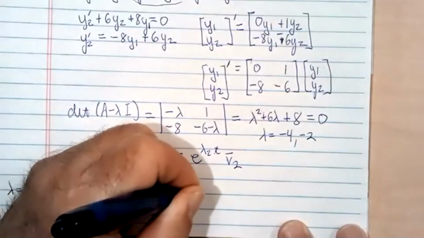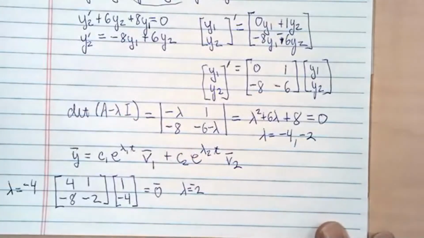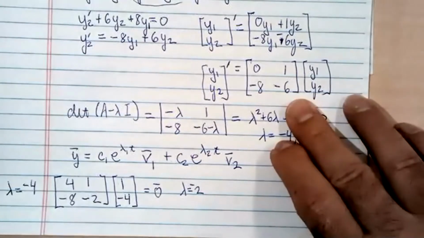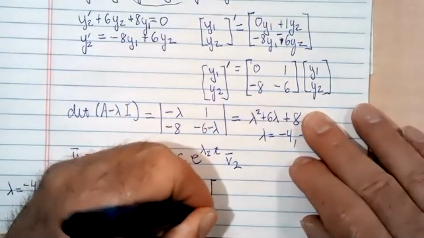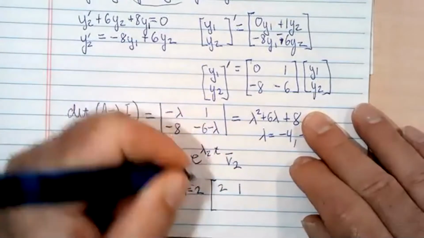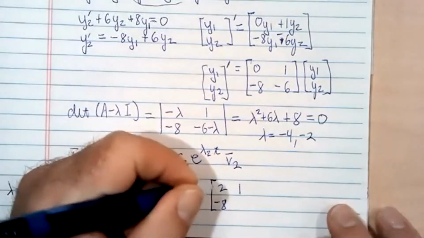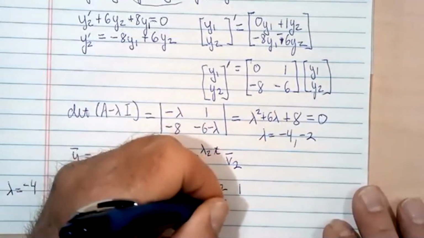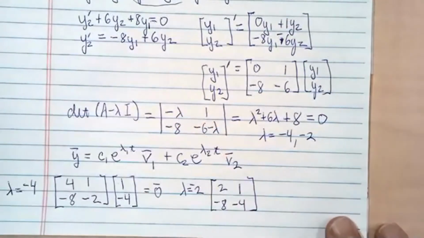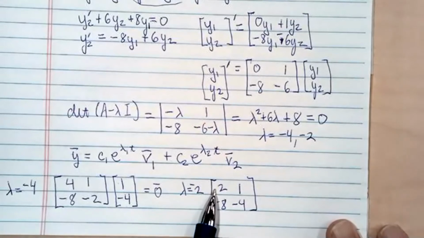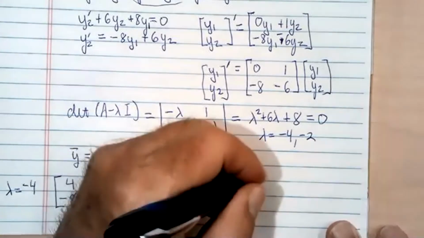Lambda equals -2. Well, in that case, I would be starting with this matrix and adding 2 down the main diagonal. So I get 2, 1, -8, -6 plus 2 is -4. And sure enough, if you multiply this row by -4, you get that row.